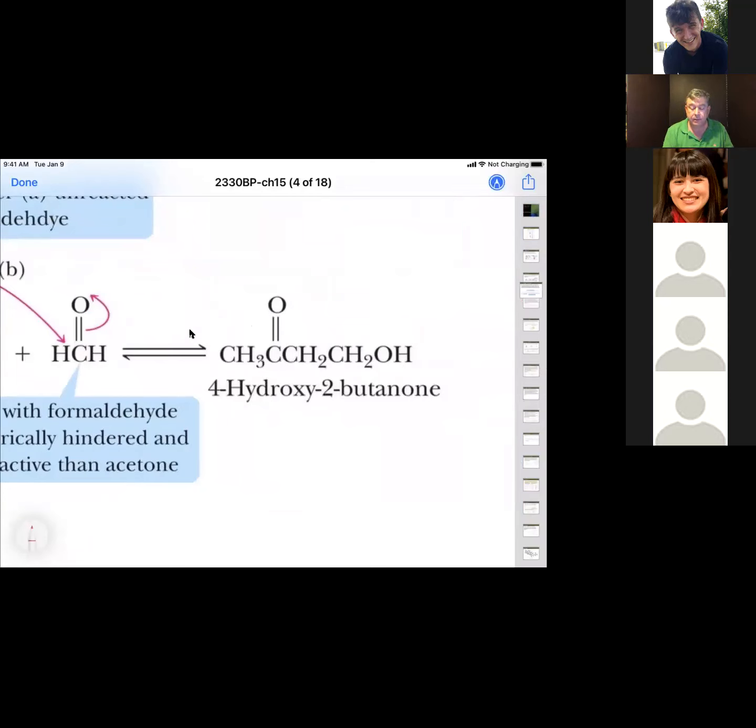Okay, we already have 2 hydrogens on here. We're going to create a new carbon-carbon bond here, and that generates this end is a primary alcohol. So we now have a beta hydroxy ketone, but we know exactly which side was going to be the enolate and which carbonyl got attacked preferentially.